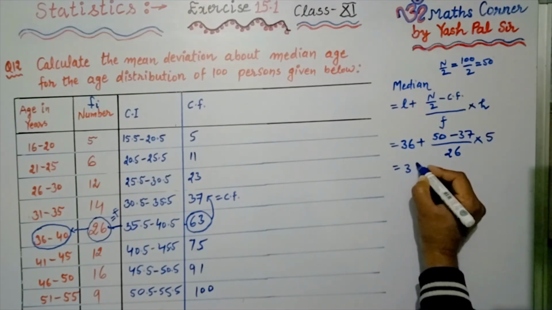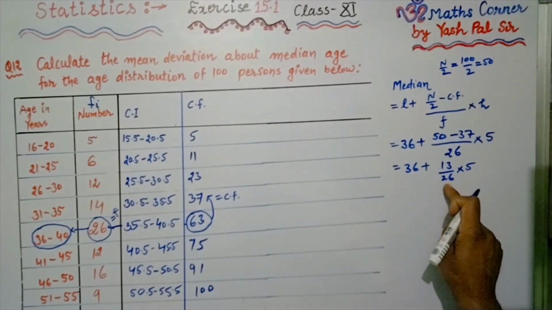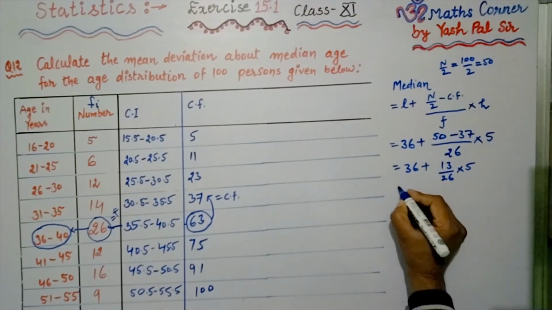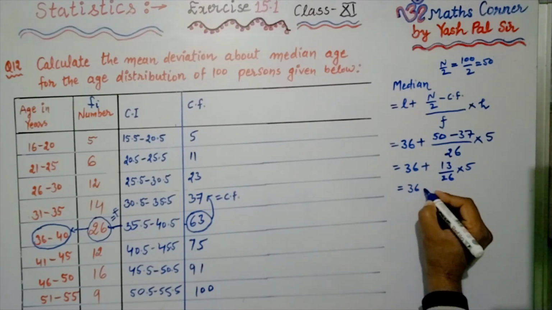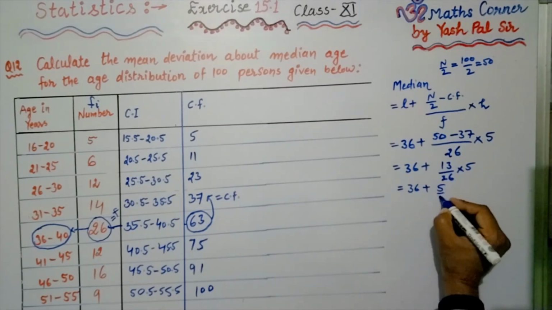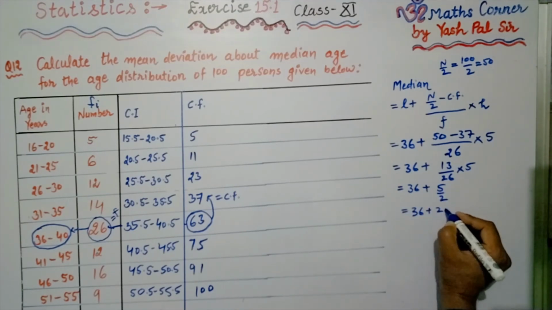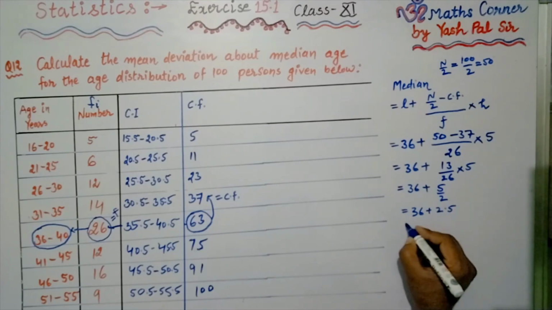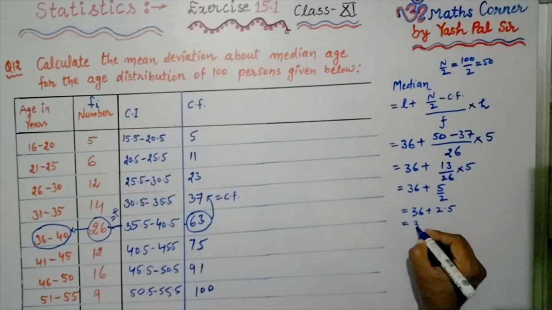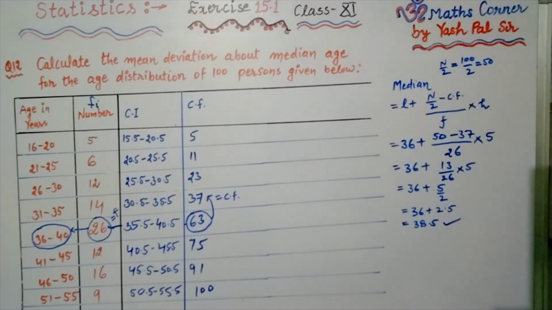We solve this now: 36 plus 13 upon 26 into 5, which is equal to 36 plus 5 upon 2, which is 36 plus 2.5. So the answer is 38.5, the median.